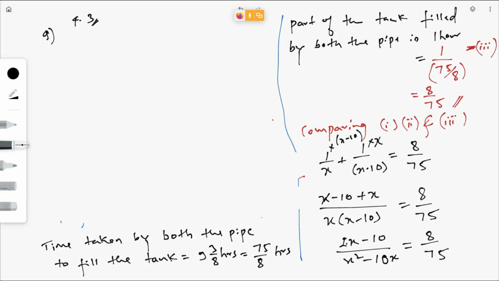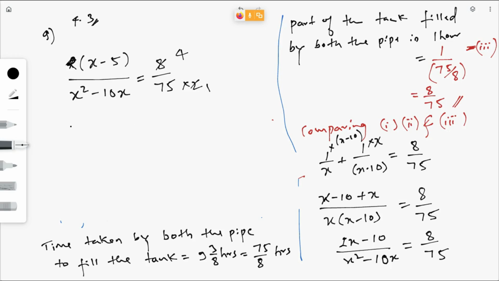What is common here in this 2x minus 10? 2 is common, right? If you take 2 common, you will be left with x minus 5 in the numerator divided by x square minus 10x is equal to 8/75. You can take this 2 to the denominator, so you will get 2 ones are 2, 2 fours are 8.